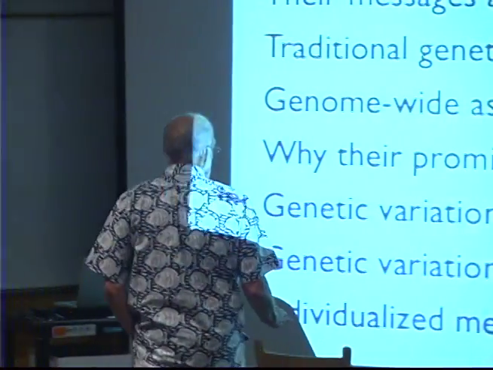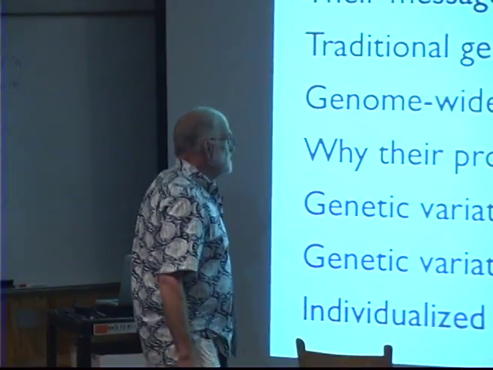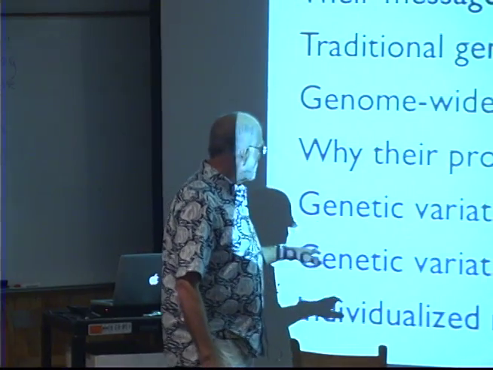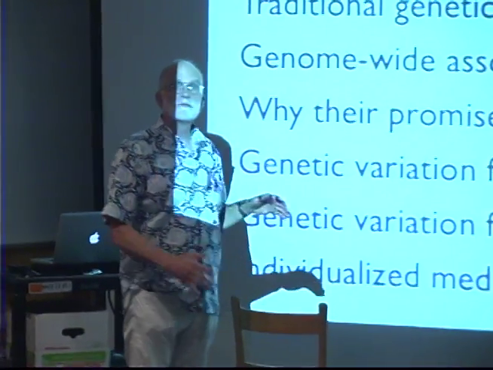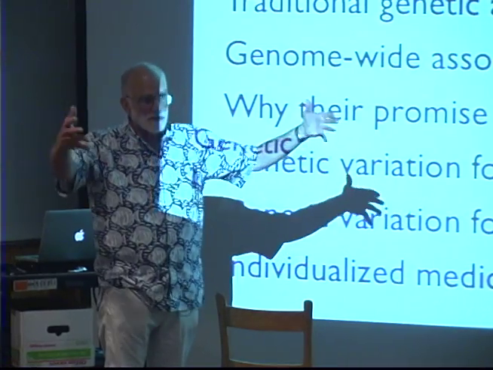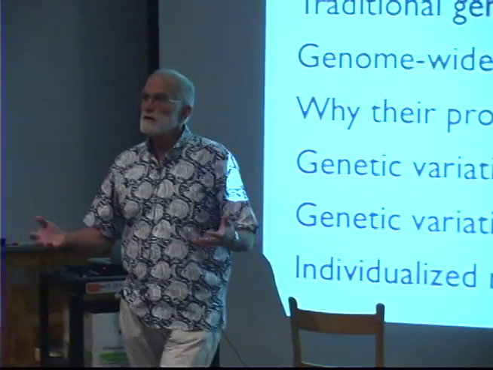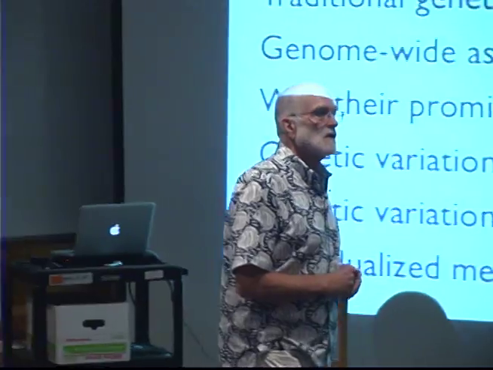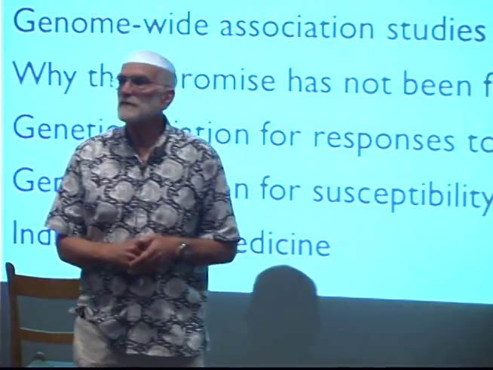And a little bit about genetic variation for susceptibility to disease, and hopefully then I will finish in time to give us a few minutes to all discuss what to do about individualized medicine and what to do about the day when patients walk into your office with their complete genome on a chip.